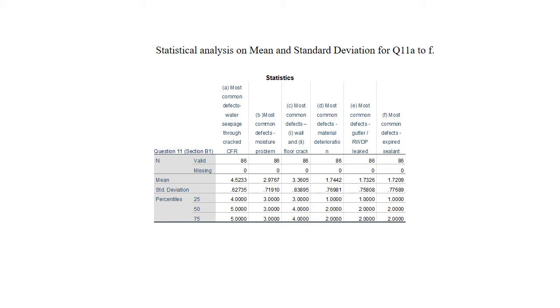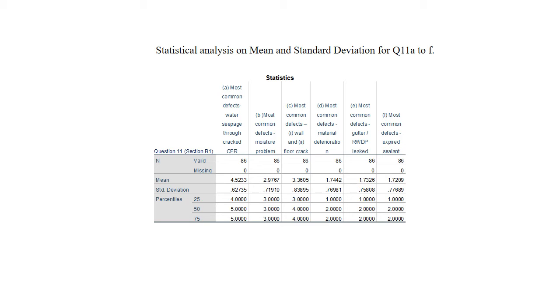Now, the first statistical analysis is on the mean and the standard deviation for questions 11A, 11B to 11F. A is the most common defect, seepage through the CFR, concrete flat roof.